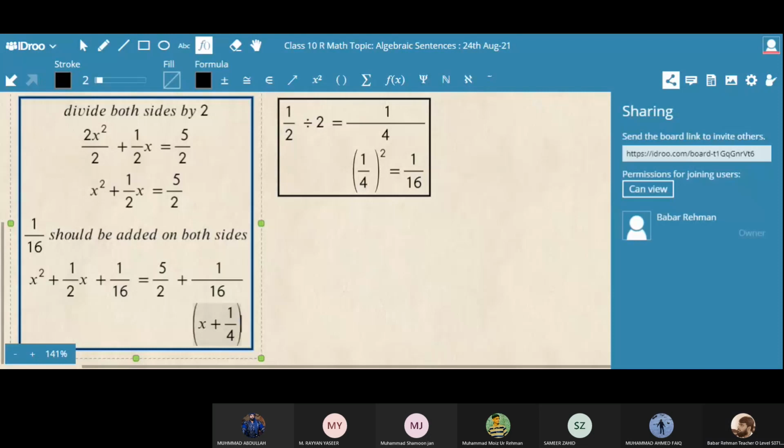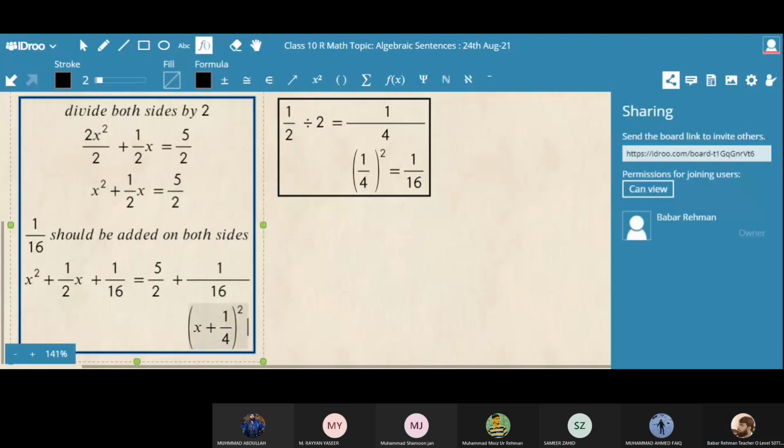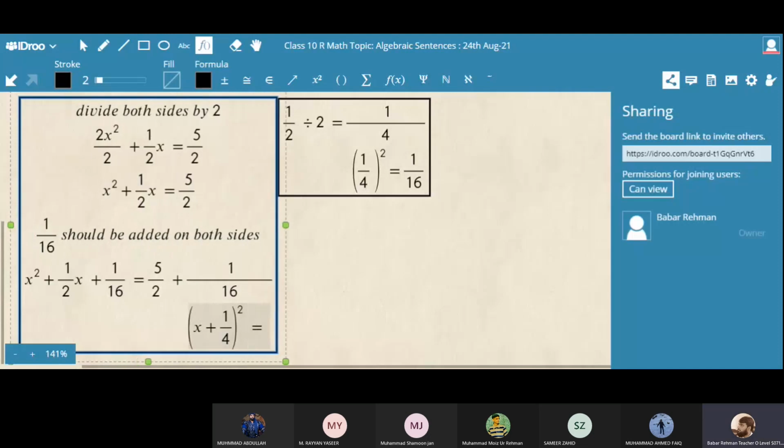Okay. So we are going to make it square here now. Okay, is equal to 5 upon 2 plus 1 upon 16.